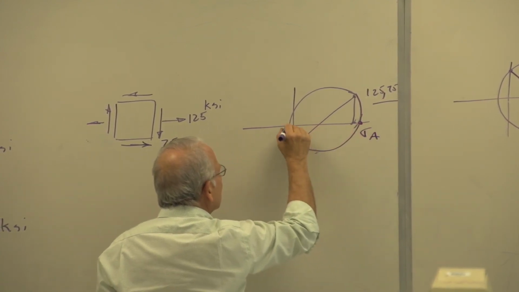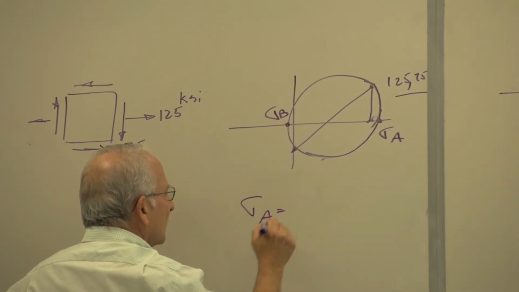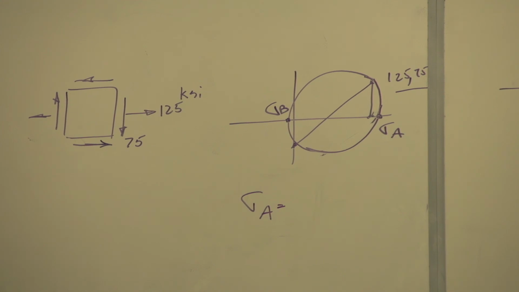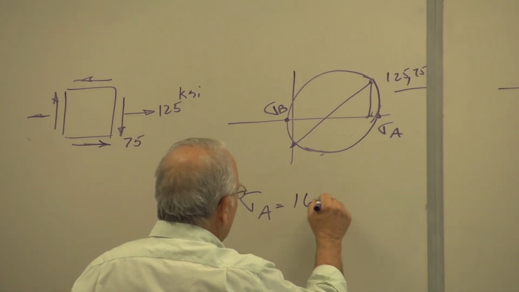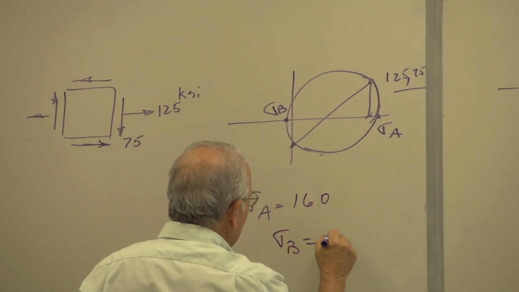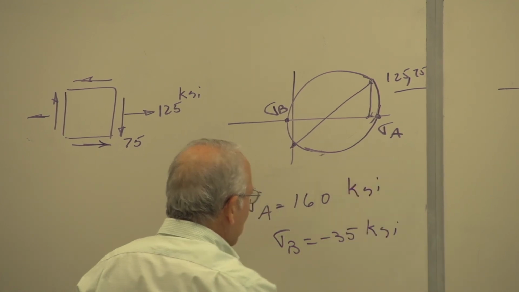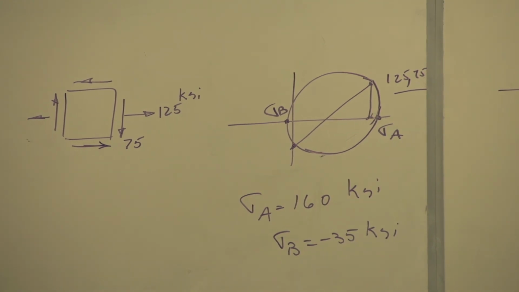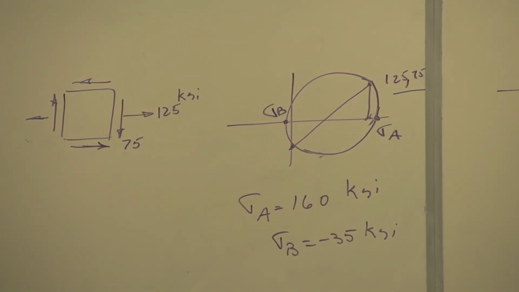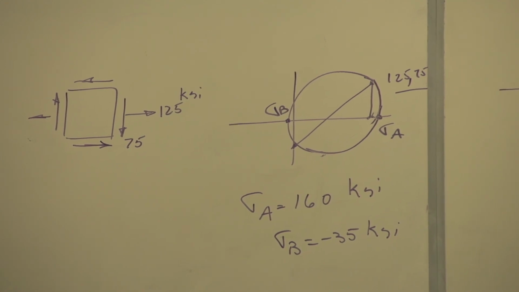Sigma A, sigma B. I leave it up to you to verify that sigma A is equal to 160 and sigma B is negative 35. It is always this way when you have one normal and one shear stress. One principal stress will be positive, one principal stress will be negative, the middle principal stress is 0. Always.